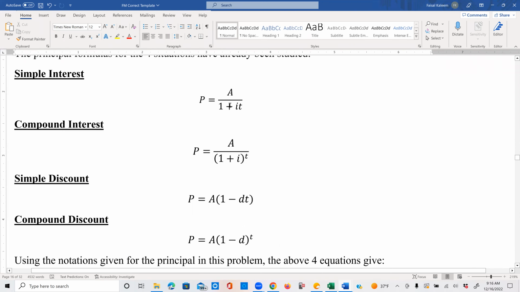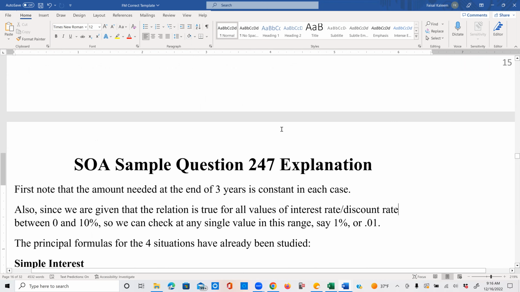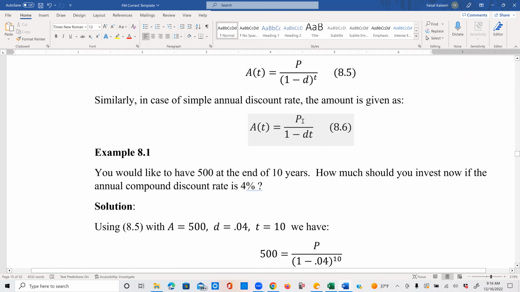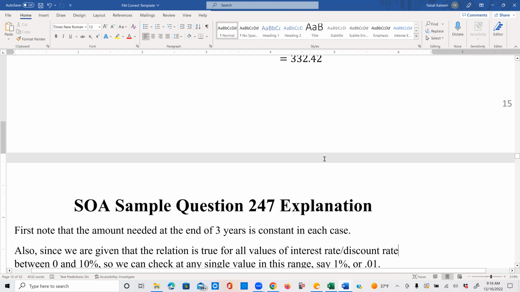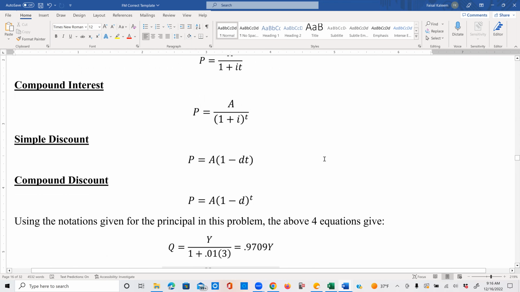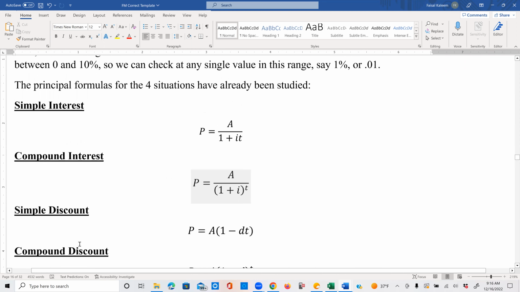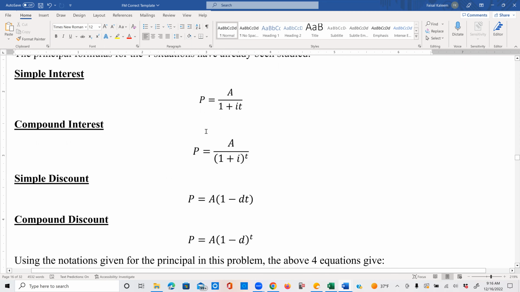And most times we had formulas in terms of A. So for example, in the discount, we had this formula in terms of A, but we could easily solve it for P. And the same you can do for the other three formula types, and that's what I've done. I solved all the formulas in these four kinds of interests or discounts in terms of the principal, because the principal is what is changing in the four problems.